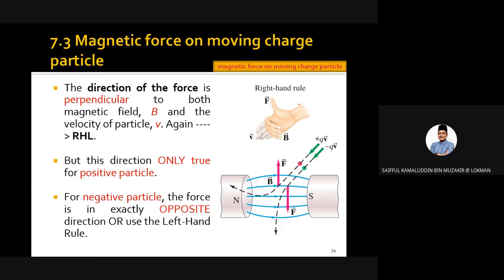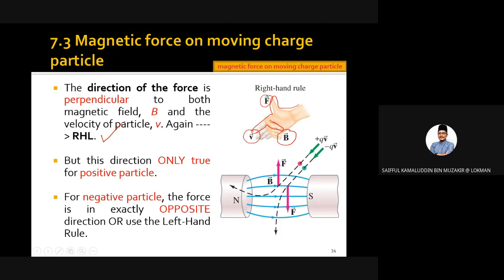Your thumb is the force, your index finger is the V, your middle finger is the B. Previously, we used FIB, that is for a current-carrying wire. But for a moving charged particle, we use F, our thumb, V, the velocity of the moving charged particle, is your index finger, and B, the magnetic field, still will be your middle finger. Right hand rule.